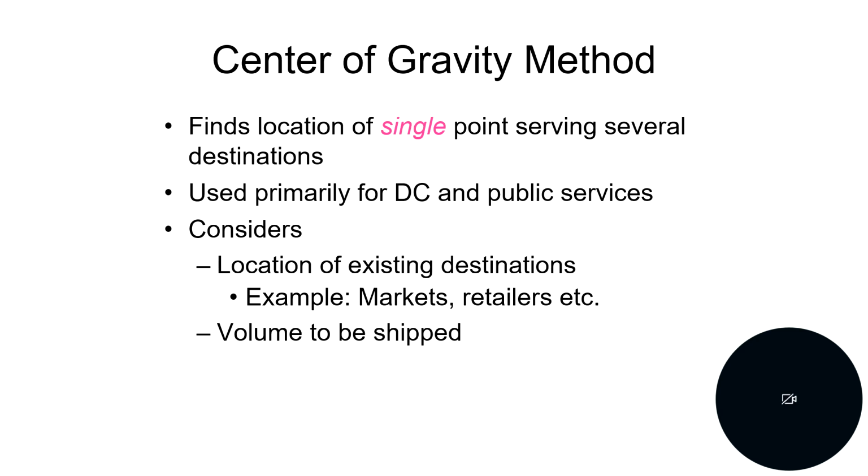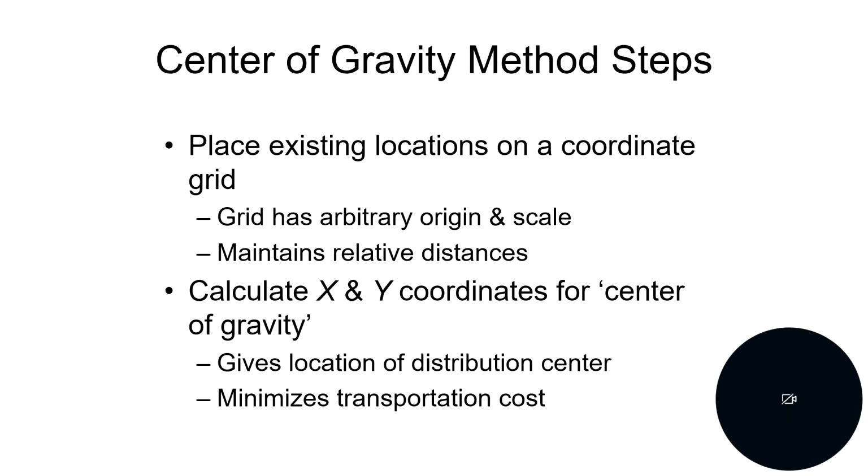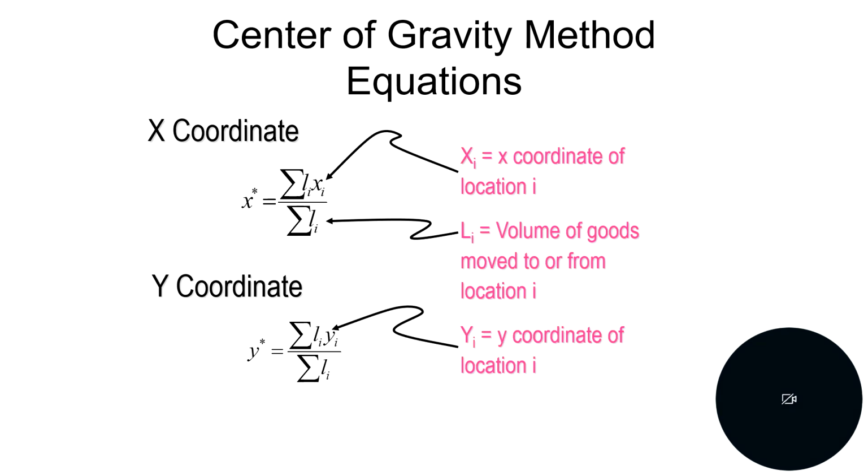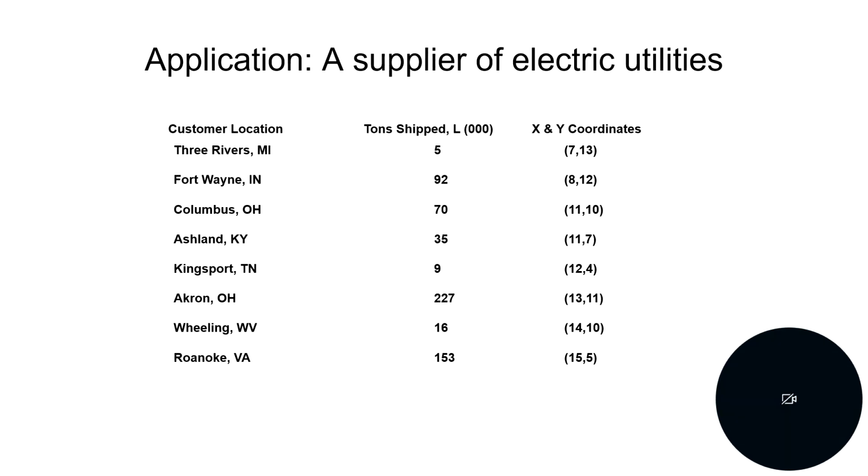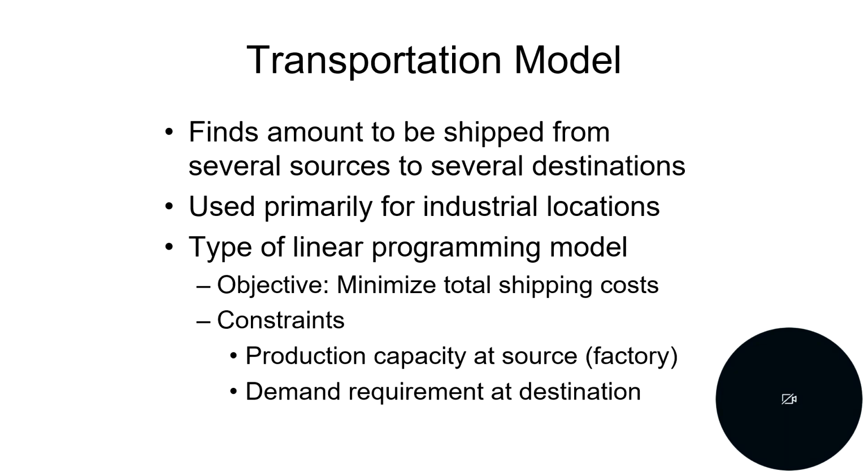For example, a retailer plots its 10 existing store locations onto a grid, and we use this formula to find the mathematically ideal spot to build our new distribution center. Some of these steps just go through how you would end up finding that. Same for this next slide, I believe. Yeah, so those are just some examples.